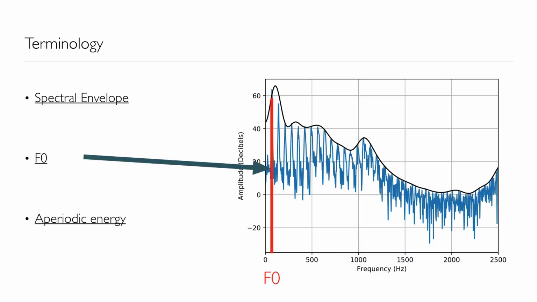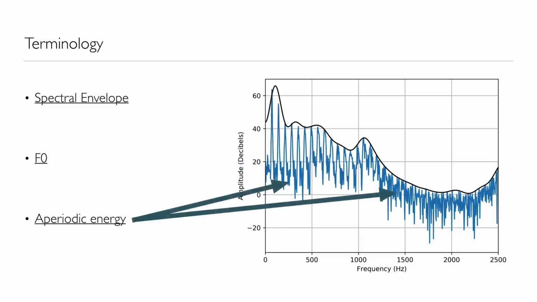And the third acoustic feature we want to extract is the aperiodic energy, or the periodicity, which is nothing but the degree of randomness, or degree of aperiodic energy, in a certain band of the spectrum.